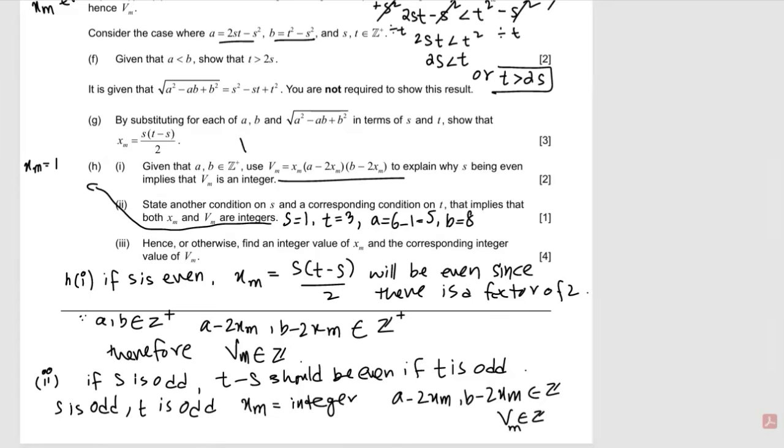V sub m will become 1 times 5 minus 2 and 8 minus 2. So that's a 3, and this is a 6, and this is 18. This is one possible value of the volume, but you can get more values by supposing different values. And that's it. That was the last question.